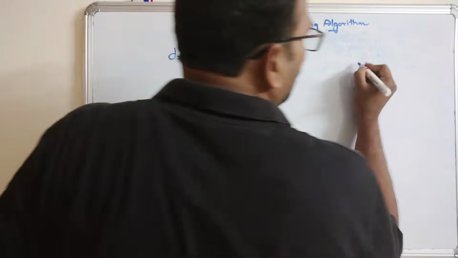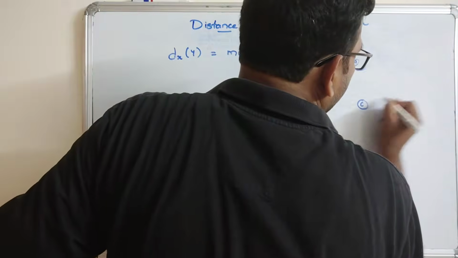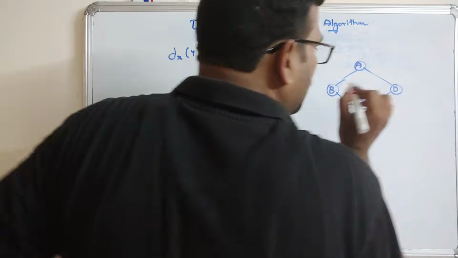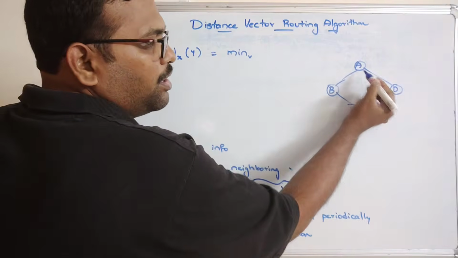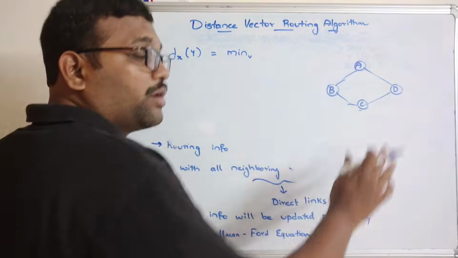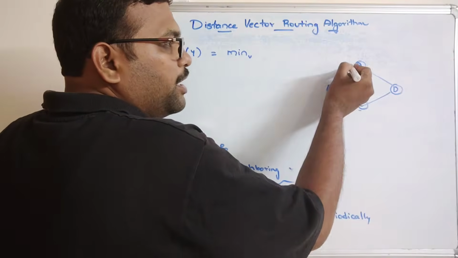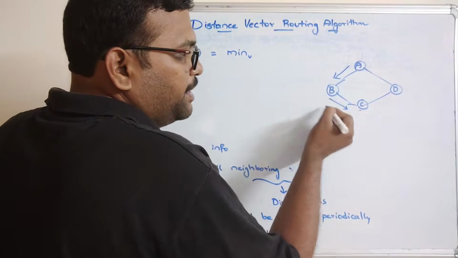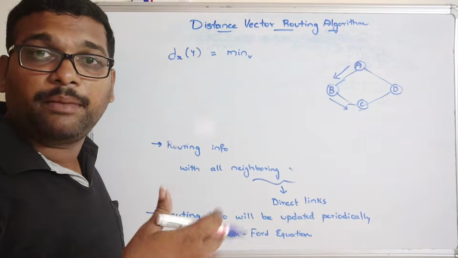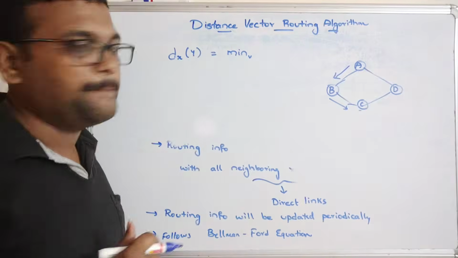For example, if you consider A, B, C and D, you can see A is not directly connected to C. So if you want to transmit the packets from A to C, that should be done only in this way. So there may be intermediate nodes, intermediate hops. Here we represent such an intermediate path.